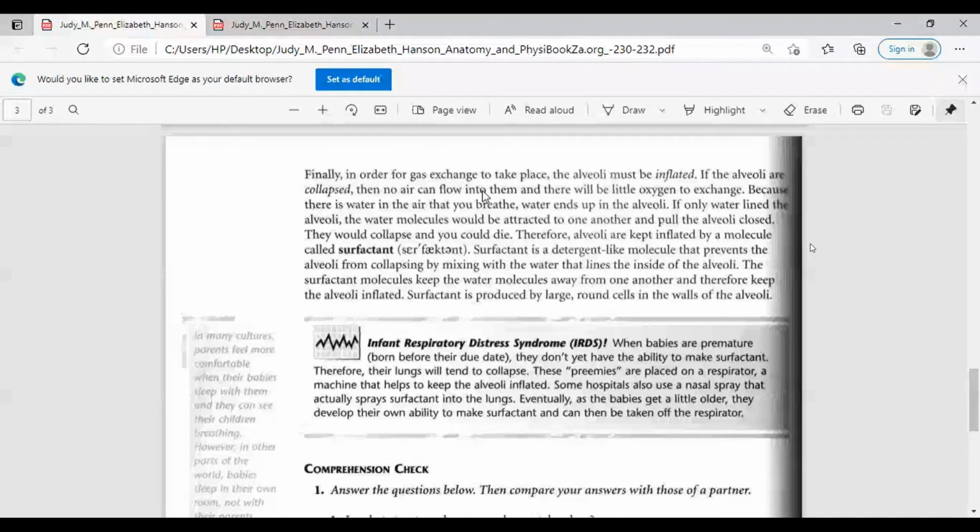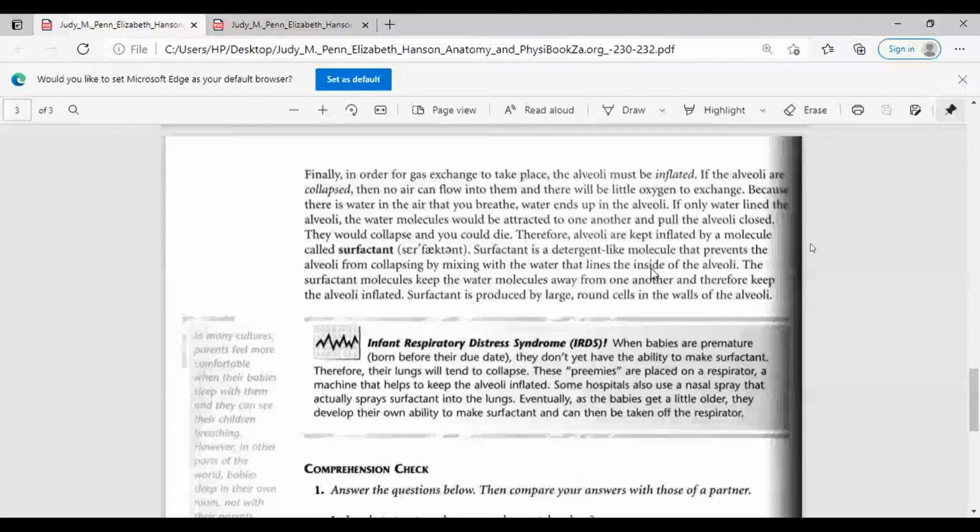Continue reading. Surfactant is a detergent-like molecule that prevents the alveoli from collapsing by mixing with the water that lies inside of the alveoli.